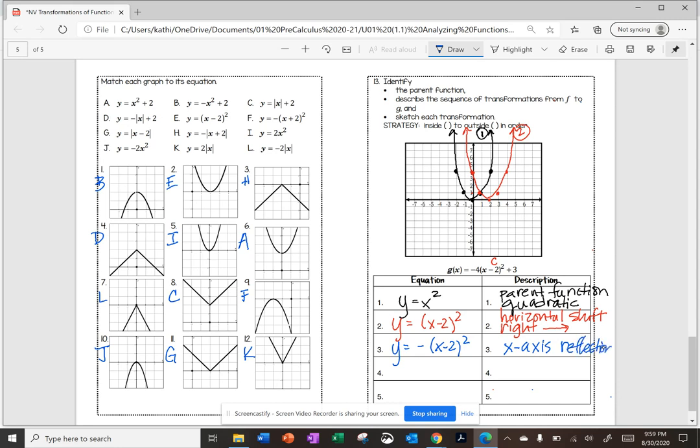You just have to memorize these. I'm going to take my current graph and reflect it over the x-axis, so I go the same amount on the other side. 1, 2, 3, 4, and 1, 2, 3, 4.